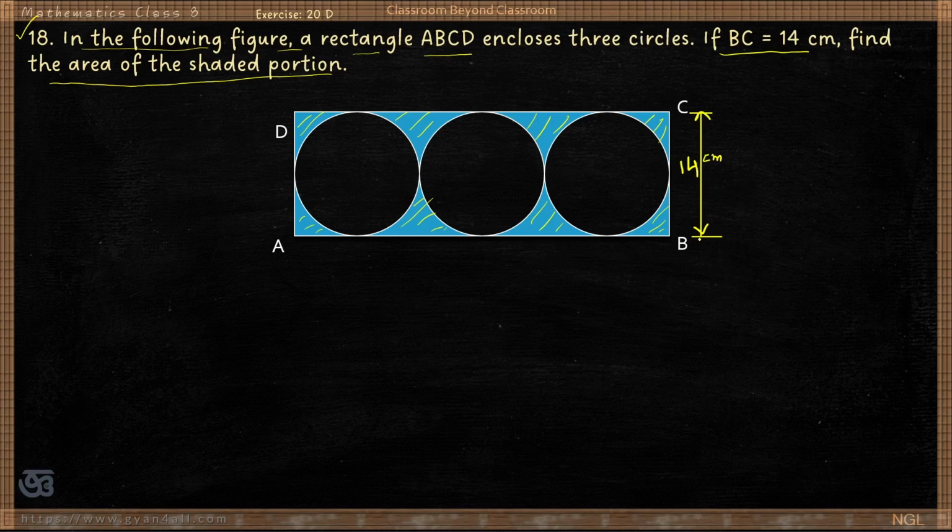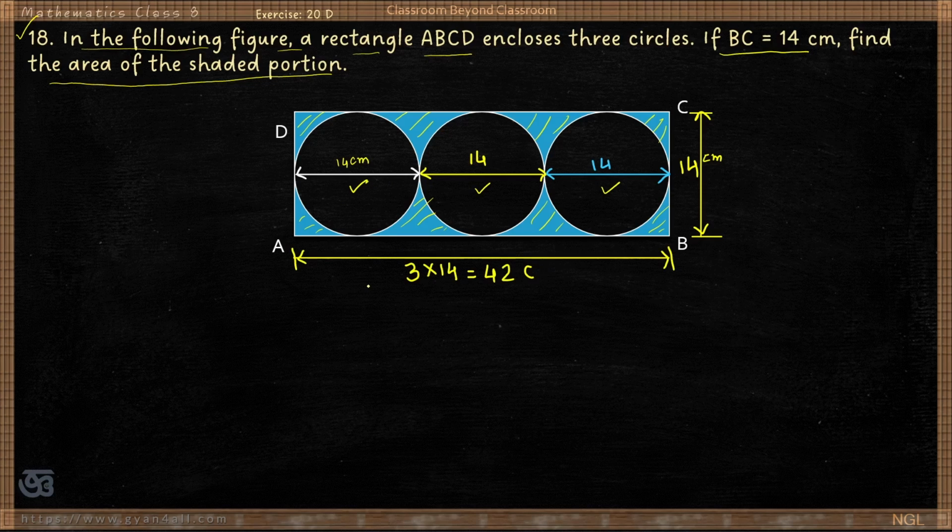If side BC is equal to 14 centimeter, then the diameter of the circles is also 14 centimeter, and all the circles are equal. This is also 14 centimeter, the diameter of the first circle. Similarly, the second circle is also 14 centimeter, the diameter of the third circle is also 14 centimeter. And if that is so, then side AB of the rectangle is equal to 14 plus 14 plus 14, and this is equal to 3 multiplied by 14, 42 centimeter.